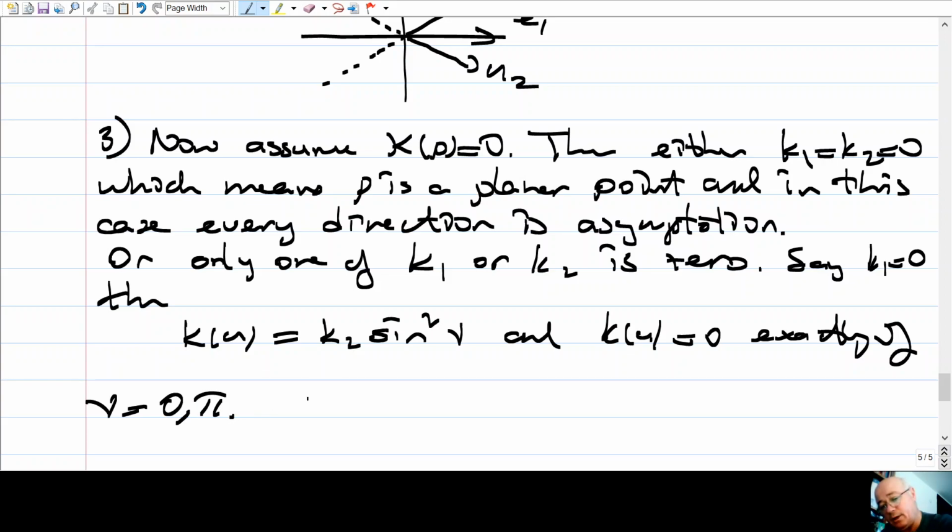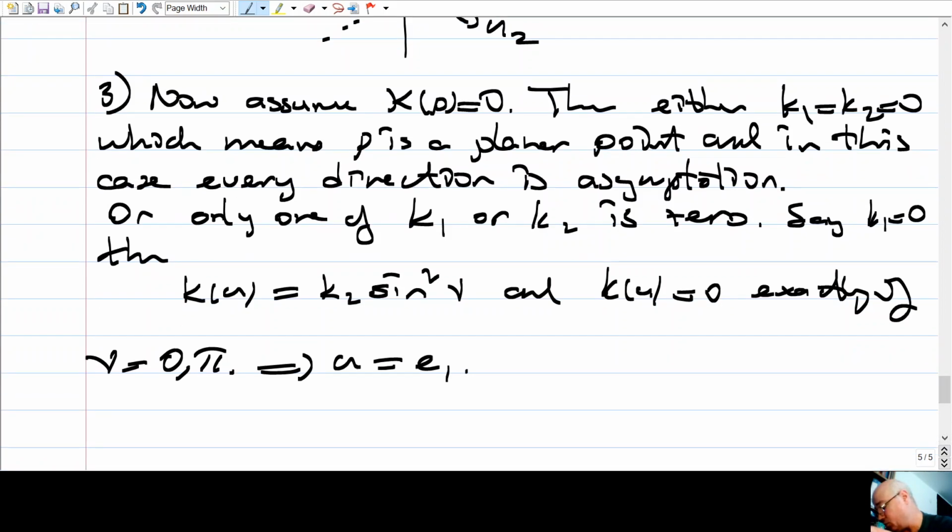This implies the asymptotic direction is just where the angle is 0 or pi, so this is e1, okay? Hence, the asymptotic direction is the principal direction. Therefore, in this case, the two directions coincide. And this finishes the proof.